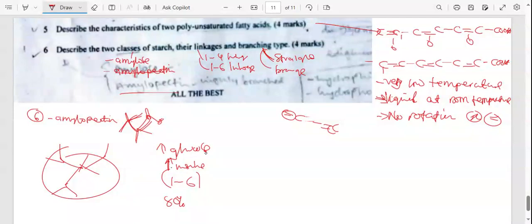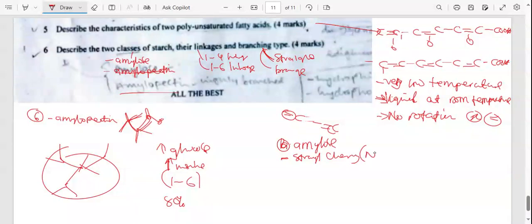So even if you mention potato, then in amylose, let me write amylose there. So in amylose, very low what? Surface area. The surface area is low because it's a straight chain.